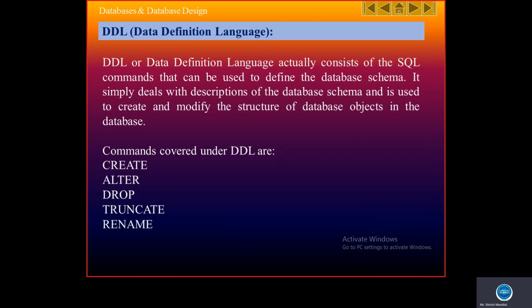DDL, data definition language, consists of SQL commands that can be used to define the database. When we try to define the database, just giving the definition and structure of the DBMS, we use the concept of DDL. It is the description of database schema, used to create and modify structure.